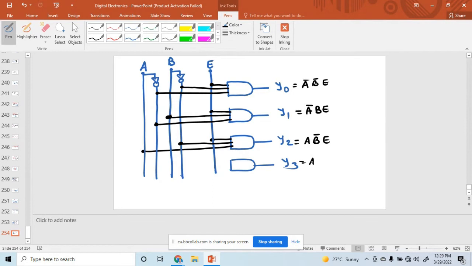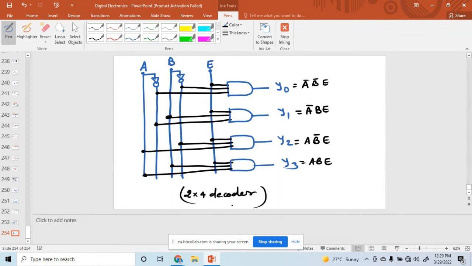And what is the Y3 output? That is a, b, e. So e is here, b is here, and a is here. This is called a 2 to 4 decoder.